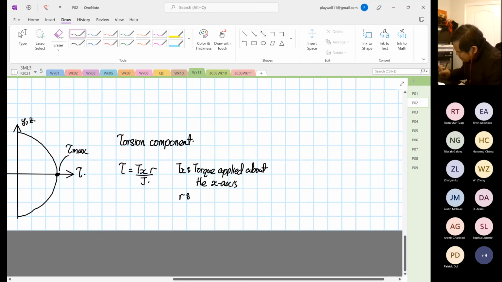R is the radius, the maximum radius of the circle, or just the radius of the shaft. And J is the polar second moment of area.